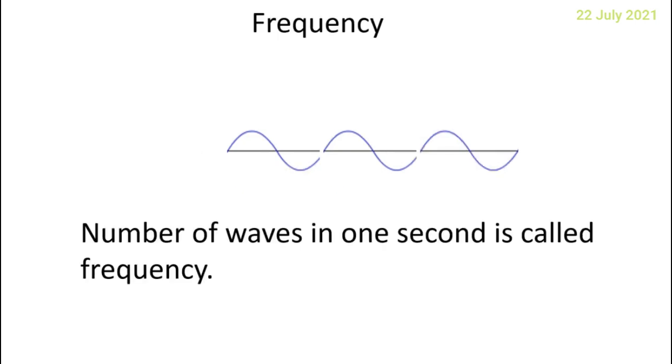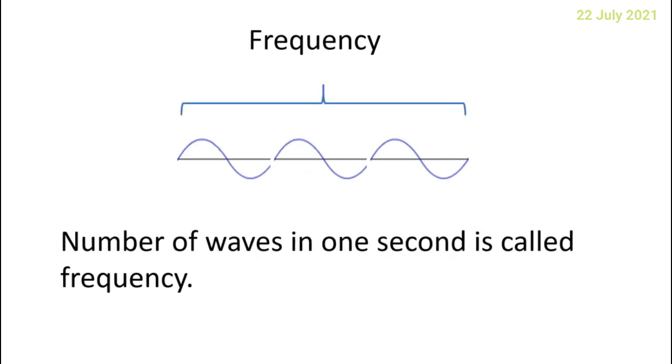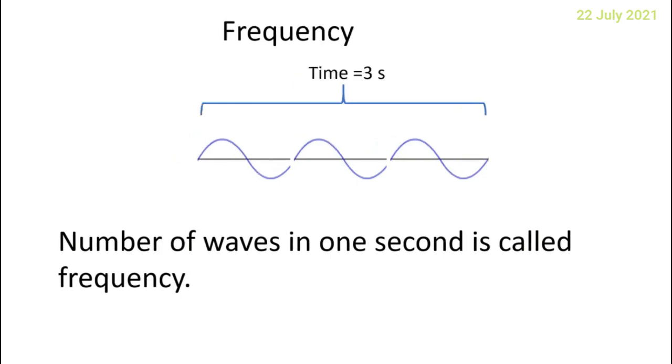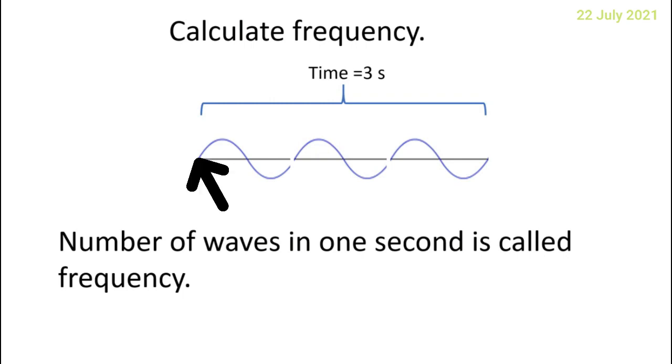Suppose these waves are formed within a period of 3 seconds, what will be the frequency of this vibration? So we know what is one wave. One wave is from initial position to crest and then to trough and back to initial position, right? So this is one wave.